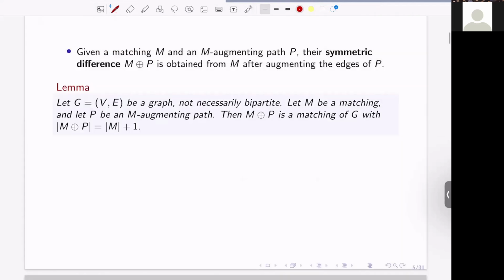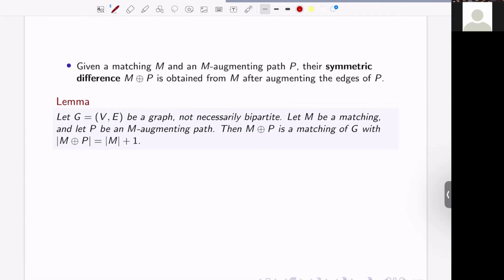All right, so we can formally prove the following. The idea is that if you apply the augmenting step, you get a matching. You don't run into two edges that intersect at one vertex. We safely get a matching, and what's more important is that its size is one larger than the original matching. We are always improving the size of the matching if you have an augmenting path.